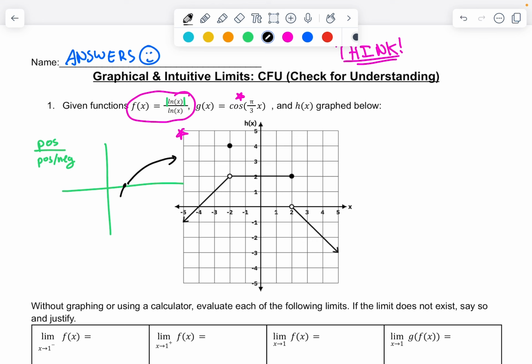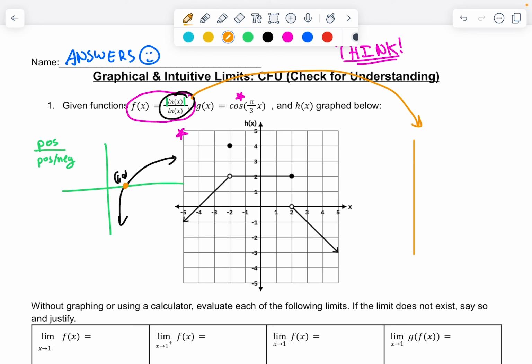and it's positive everywhere greater than 1. It is negative everywhere less than 1. And so this function here will be positive when x is greater than 1, negative when x is less than 1, and undefined at 1, because we'll have division by 0. So here is a little sketch of the absolute value of ln x over ln x.